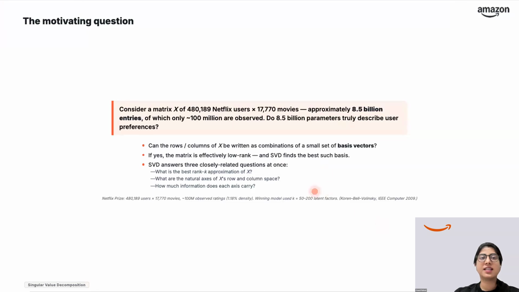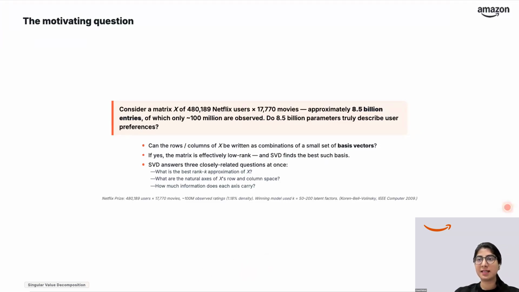So it's not just the Netflix problem. Suppose you also have sensor readings across multiple locations, right? For a timestamp, there will be some M locations on which you take a sensor reading of temperature, pollution, or whatever measurements you want to observe, and across different time periods, you record this reading, right?